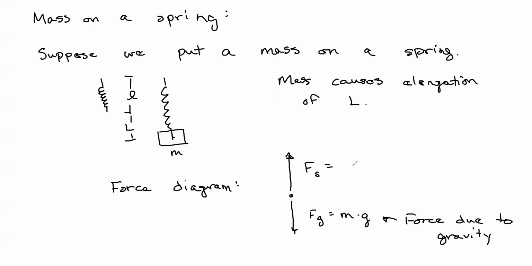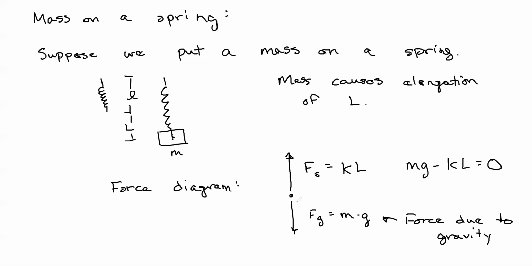The force is proportional to the elongation, so we get K times L. Since the object is not moving, these are in balance. And so we can say that mg minus KL equals 0.